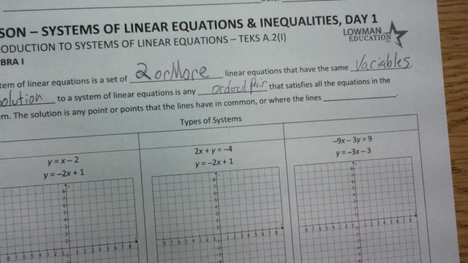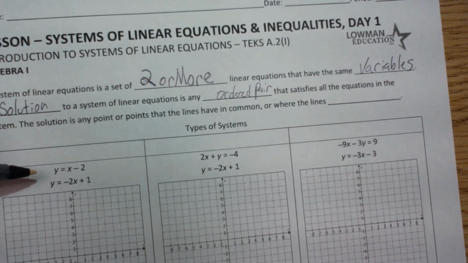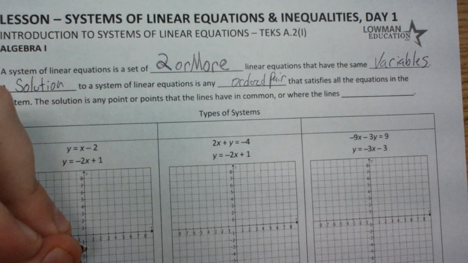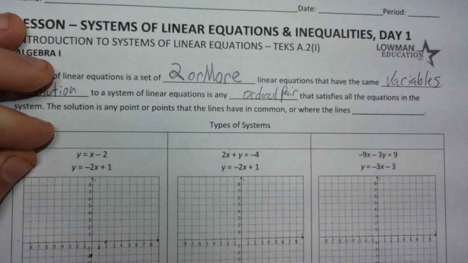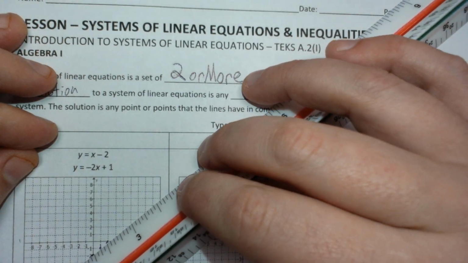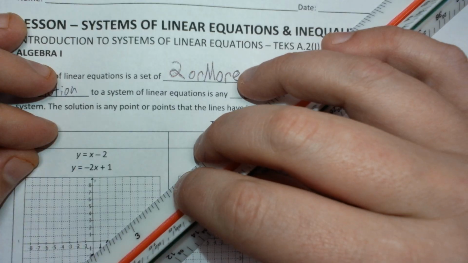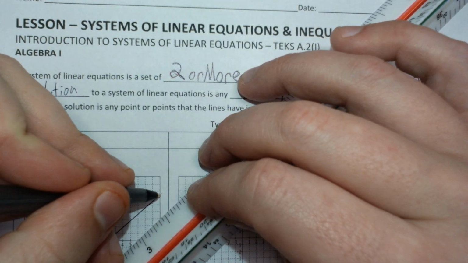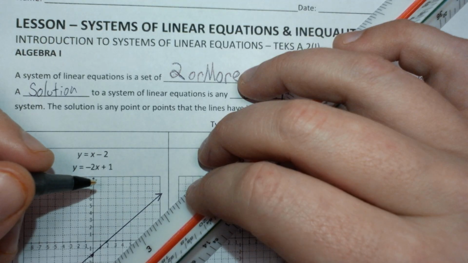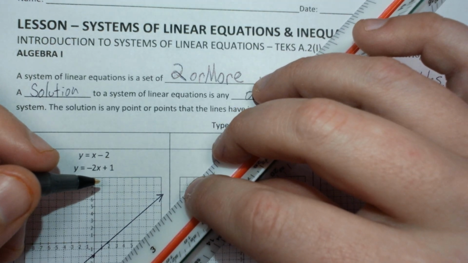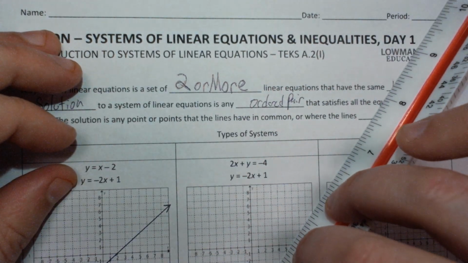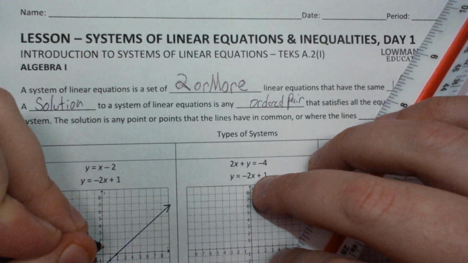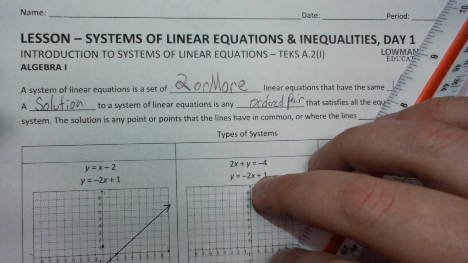So here we'll quickly graph the lines. We've got x minus 2, so it's a negative 2, and there's a slope of 1. So that line will just go up like this, and the benefit of this is if you draw that line perfectly accurately, which I didn't quite get there, we got close, then we'll find that point where they intersect.